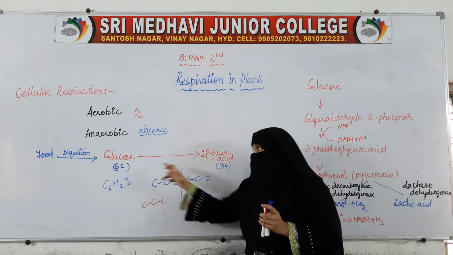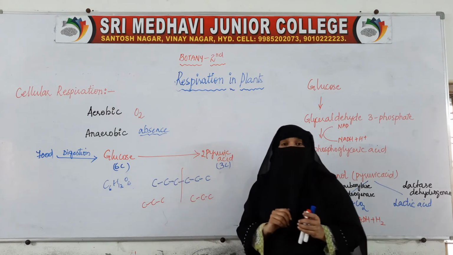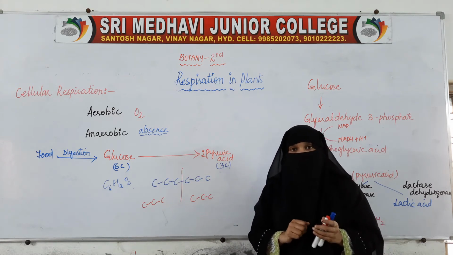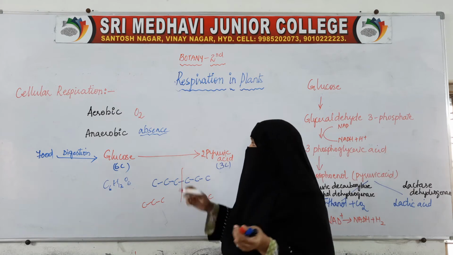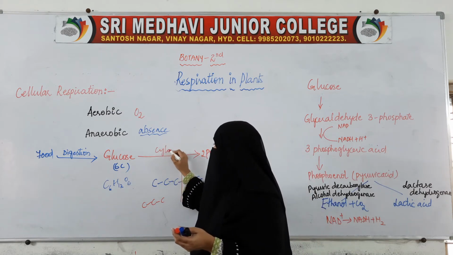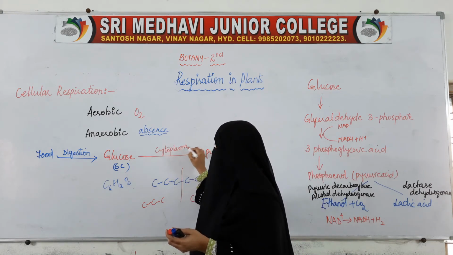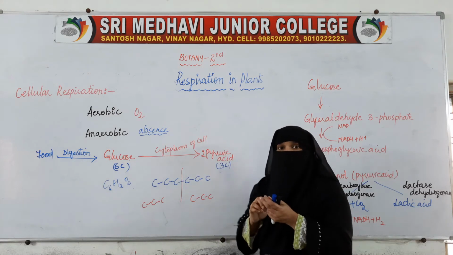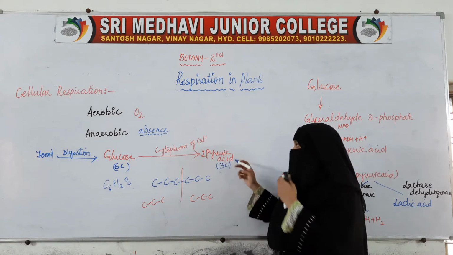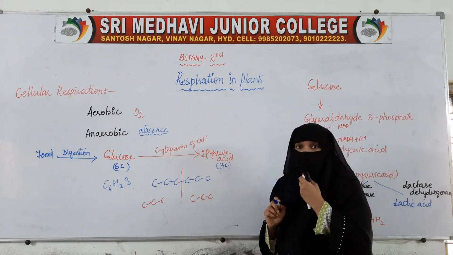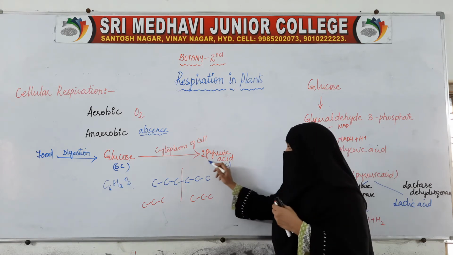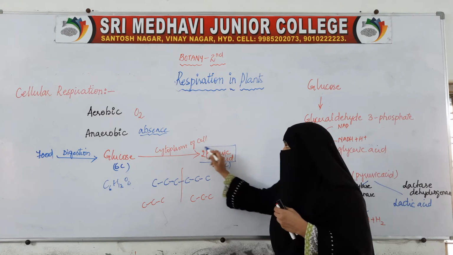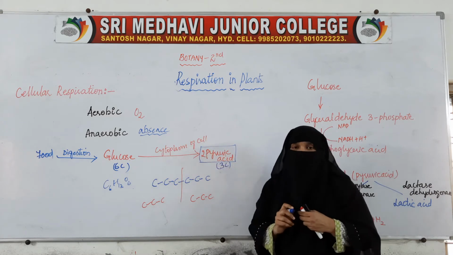So, what is happening? Just glucose is breaking down into 2 molecules of pyruvic acid. This is taking place inside the cytoplasm of the cell. Now what happens is, glucose has broken down into 2 molecules of pyruvic acid.